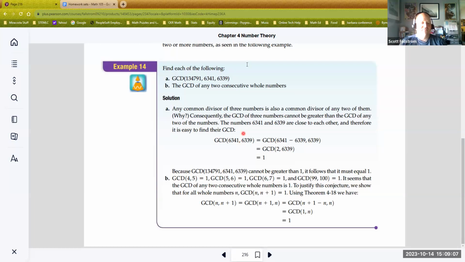What they've done here is try to say, wouldn't it be great with 6341 and 6339, that these two numbers are so close together, it's virtually impossible for them to have the same multiple. They show that between the last two numbers here there is no common multiple, so the GCD is 1. That means it really doesn't matter how big that first number is, because there will be nothing in common left over.